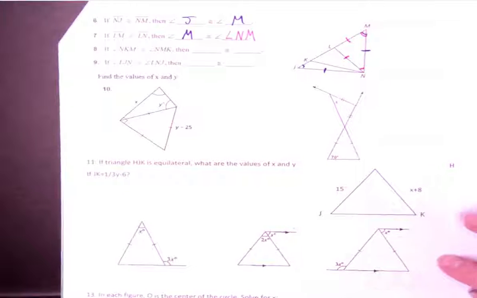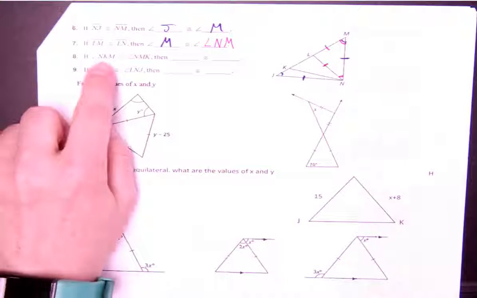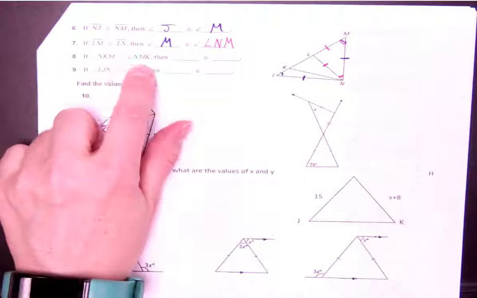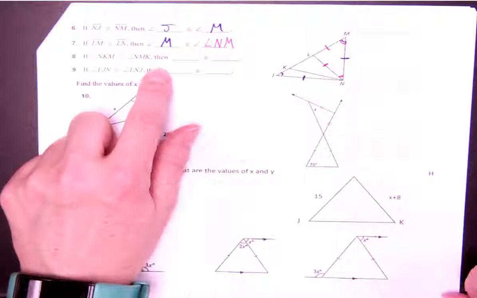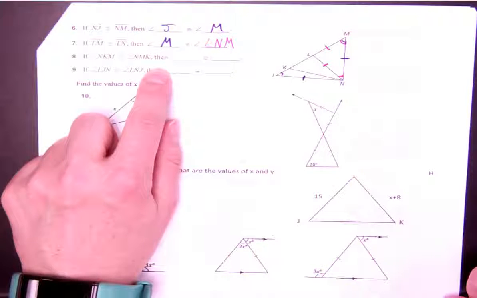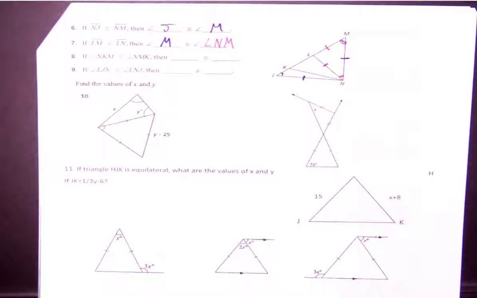Okay, I heard some questions. Do you have questions over that? Or should we finish this section and then see if there's questions? Finish it? Okay, if angle NKM is congruent to NMK, which two sides are congruent? Can you figure that out looking at yours? Did you get it?